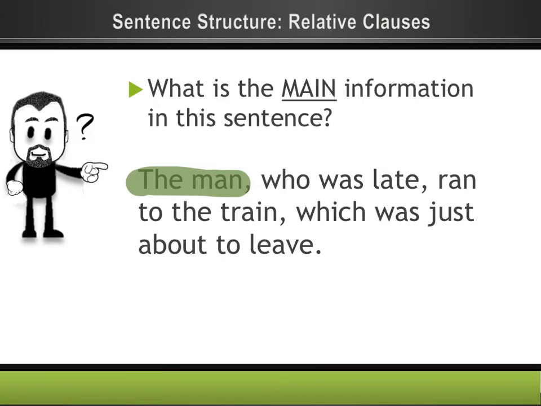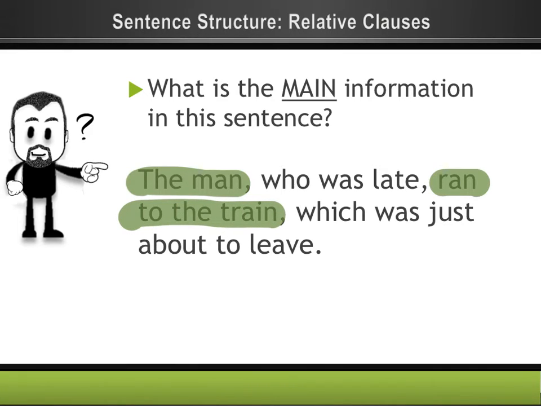The next bit we can see is separated by a comma, and a comma here. So this who was late is extra information added to the sentence after it's already been written. So the man actually continues over here. The man continues with ran to the train.